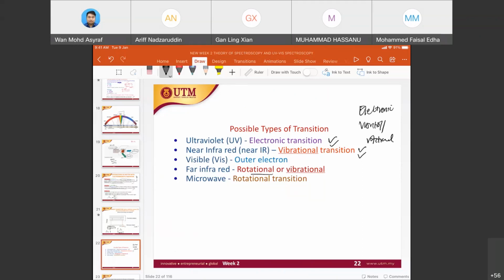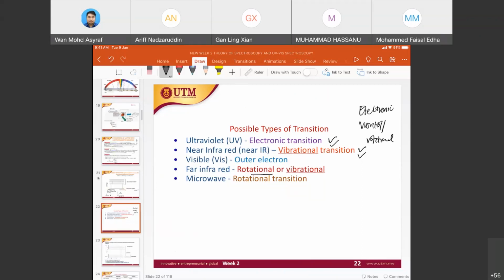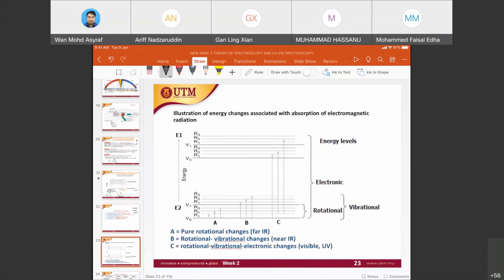Okay. So kalau saya nak gambaran of how nak membezakan antara elektronik dan juga vibrational ataupun rotational, based on this daripada gambar rajah inilah. So we will see that okay, electronic transition berlaku daripada E2 kepada E1. It is quite a big jump. Di dalam setiap energy level ada dia punya rotational and vibrational punya transition.